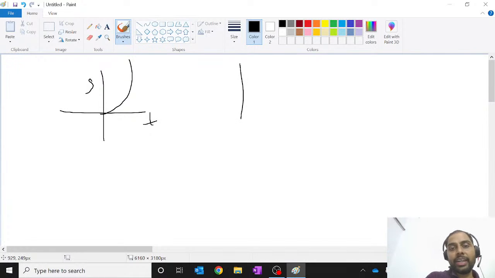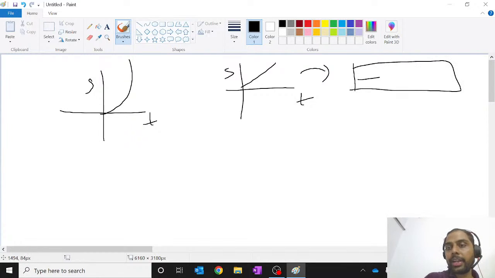If it's a straight line in the S-T graph, you would simply write an equation between these two variables, by substituting in your x-axis and y-axis. You would plot different points. Let's assume my x-axis is t and my y-axis is s.